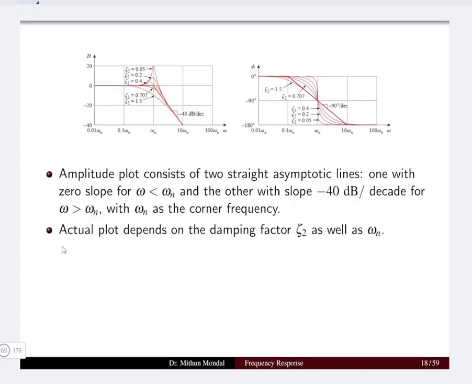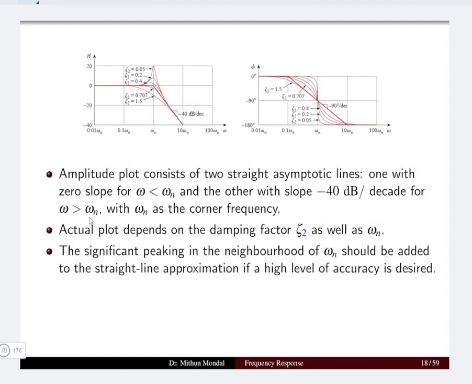Now the actual plot will depend on the damping factor as well as the natural corner frequency. These two factors will define what is the actual plot, but we are not interested in the actual plot because it is very difficult to obtain that. Rather we are going for the approximate plot.